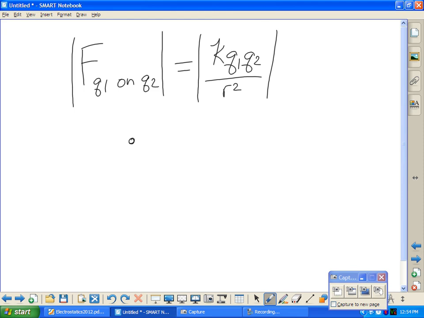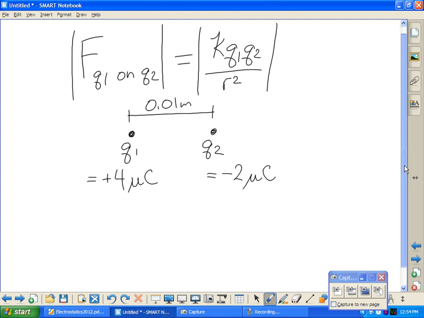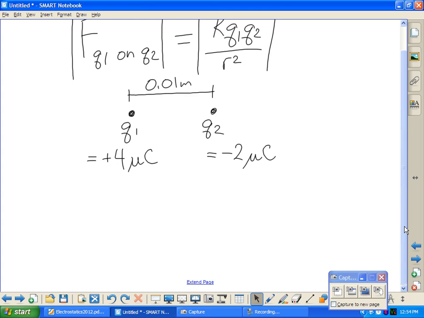So typically, here's two charged objects, Q1 and Q2, and perhaps the charge on Q1 is positive 4 microcoulombs, and the charge on Q2 is negative 2 microcoulombs, and the distance between them is 0.1 centimeter. It's a straightforward calculation to use the Coulomb expression here, but there are some pitfalls to look out for.